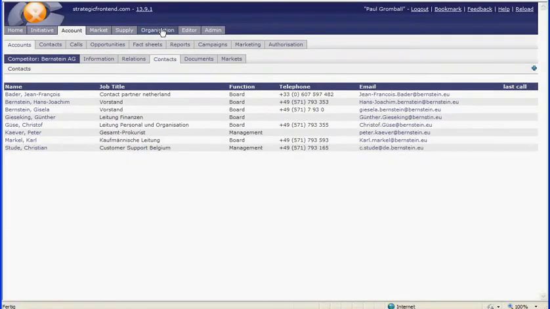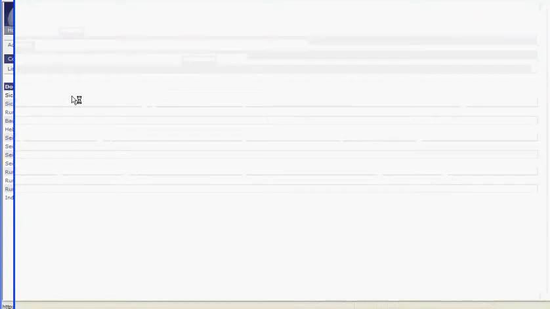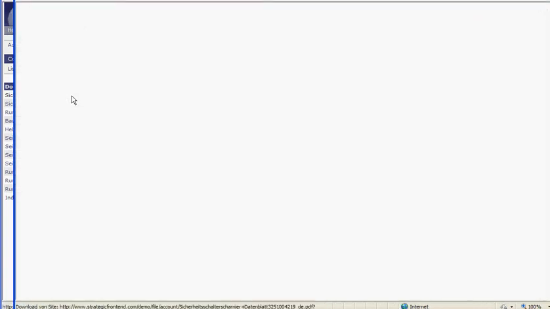So these are the major contacts which are maybe important if you want to contact a competitor. These are actually all the documents you have assembled for this competitor in terms of product intelligence, as you can see here, what he's doing.